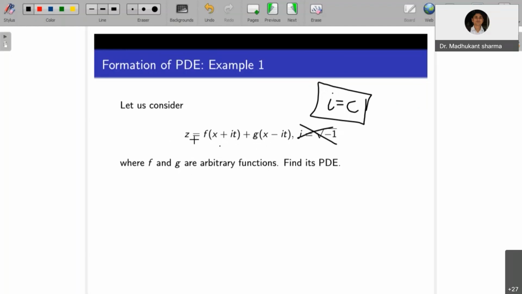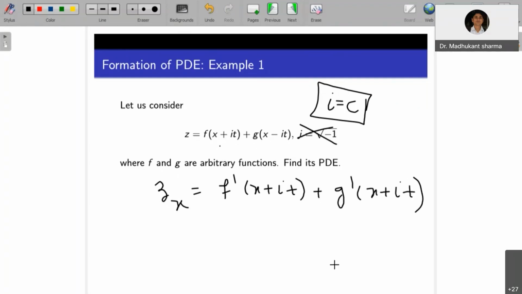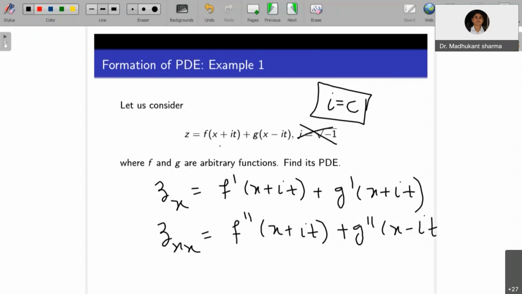Now differentiating partially with respect to x, what will it give you? zx equals f dash (x plus it) plus g dash (x minus it). In fact, if you go with zxx, you have the second derivative f double dash (x plus it) plus g double dash (x minus it).